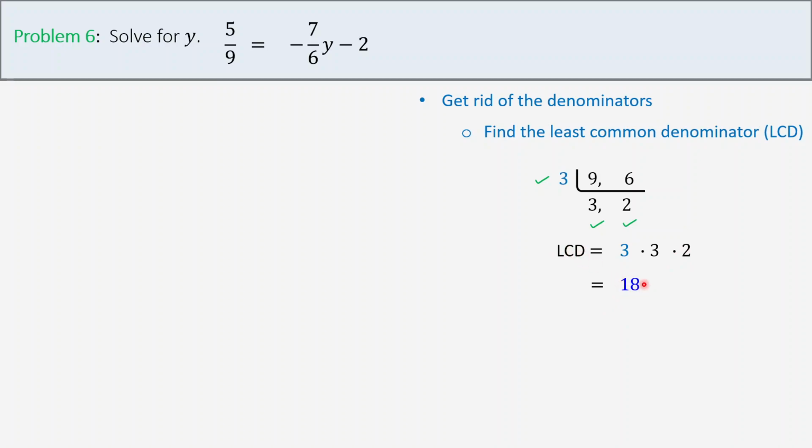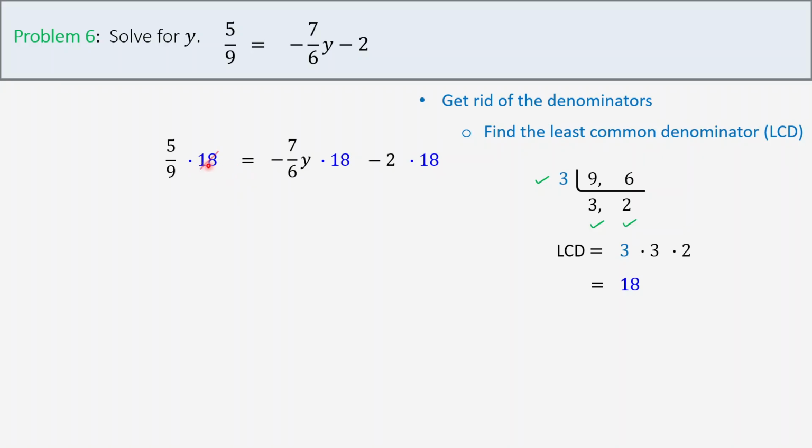Now you need to multiply this LCD by each term. This is a term, this is another term, and this is another term. Write this term, multiply the LCD, is equal to, now this term, multiply the LCD. Now this term, multiply the LCD.